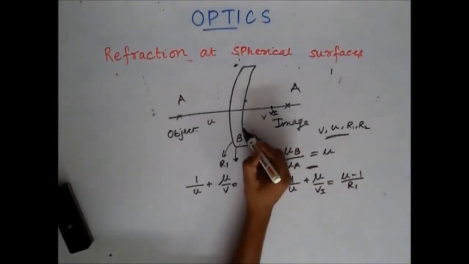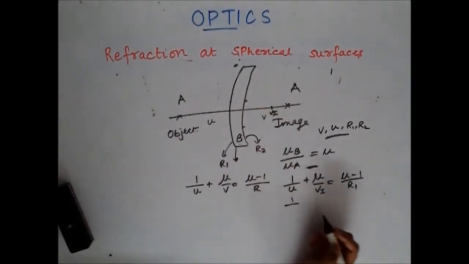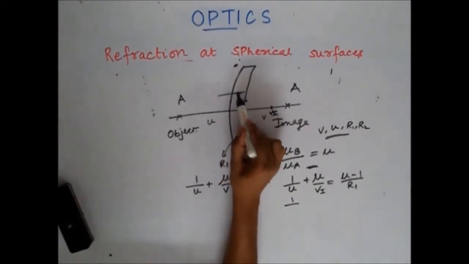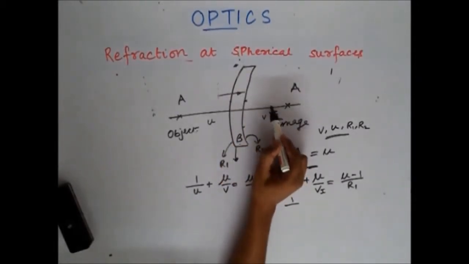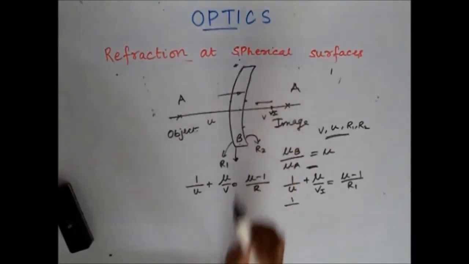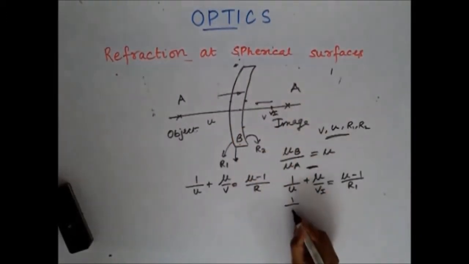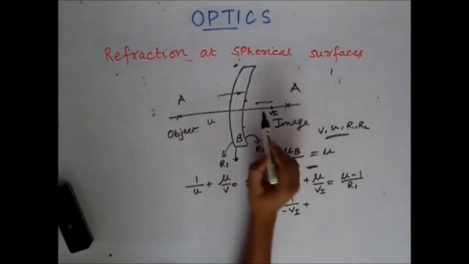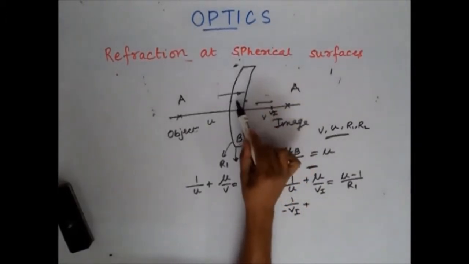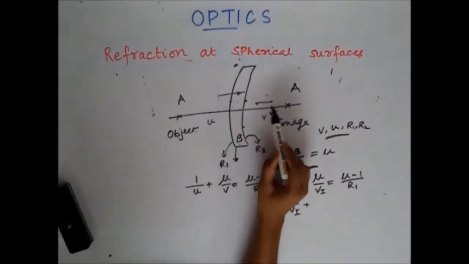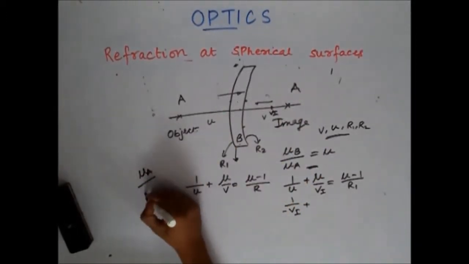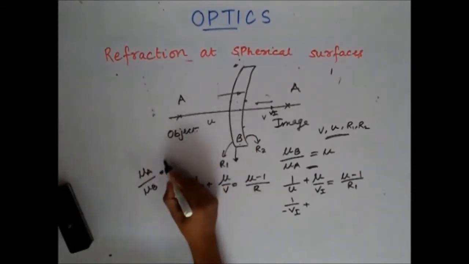Now if I take the second refracting surface, what is u? vi is formed here. The ray of light is traveling in this direction. If I have to move from the object to the refracting surface, I have to move in this direction. That means it's opposite, so my u is negative in this case. So it's -vi. Plus, what is the refractive index of this medium with respect to this? It's 1/mu, because the refractive index of medium A with respect to the second medium B is 1/mu.